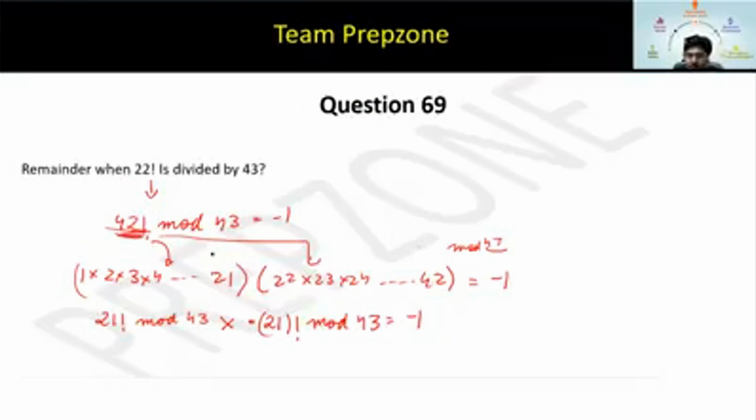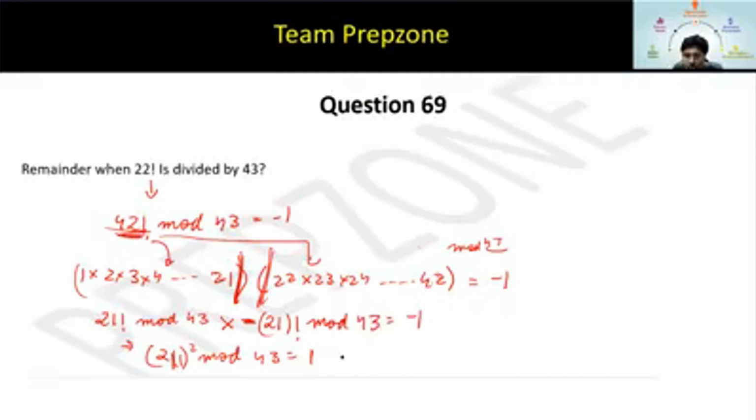I'm just breaking this into two parts, till 21 here and from 22 here. So this will be -1, -2, -3, till -21. I can say that 21 factorial square mod 43 is equal to 1, because a minus is there and a minus is here also, right?